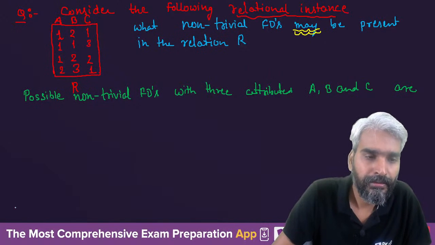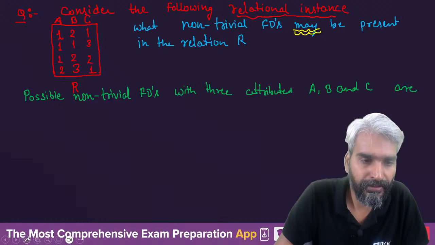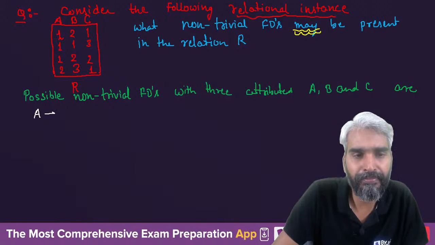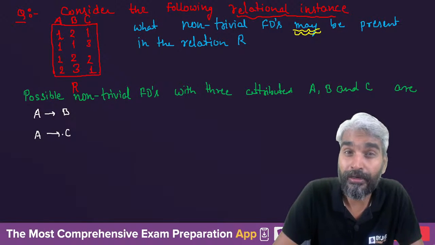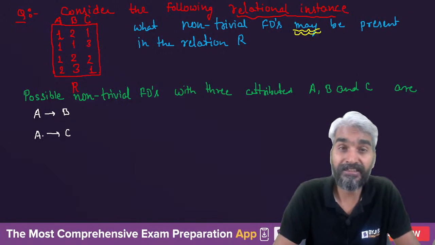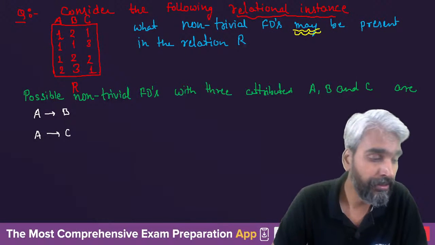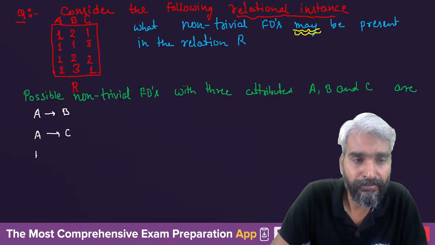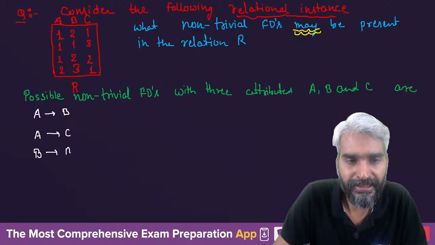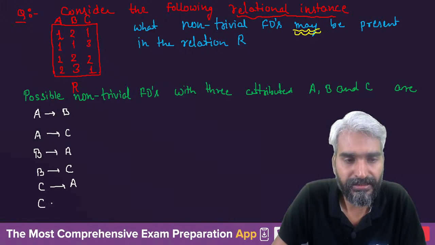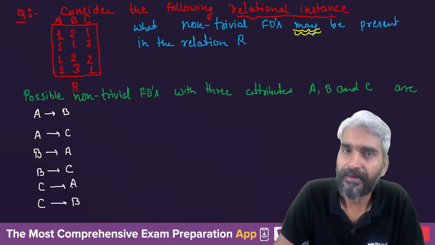One possibility is that A can determine B. Similarly, A can determine C. These are non-trivial. You can see that the left hand side is not a superset of the right hand side, and the intersection of the two is empty. Apart from that, B implies A, B implies C. Similarly, C implies A as well as C implies B, right? So these are the FDs.